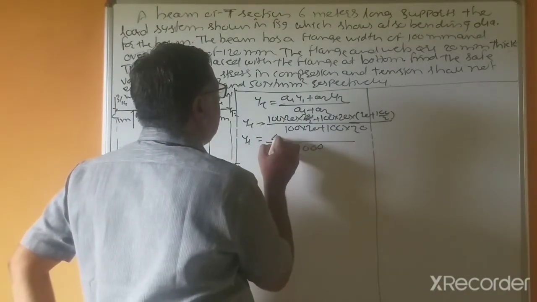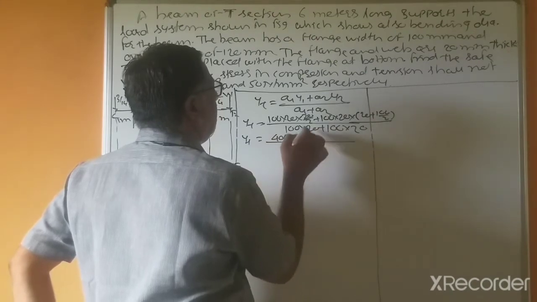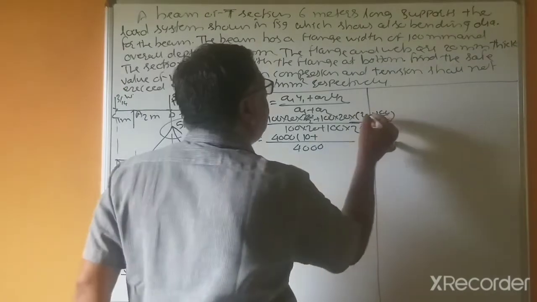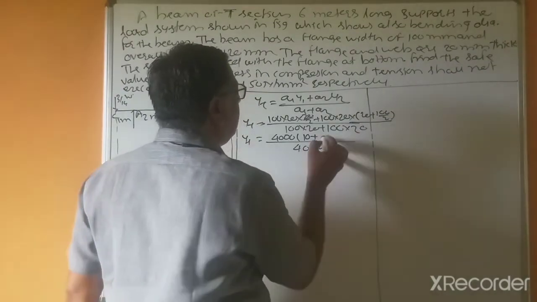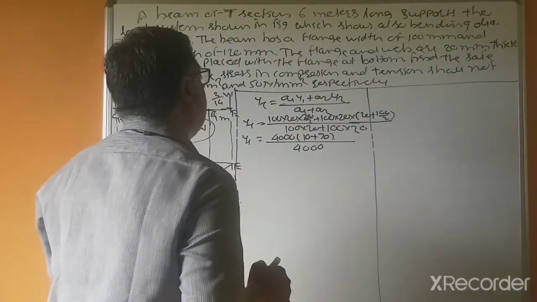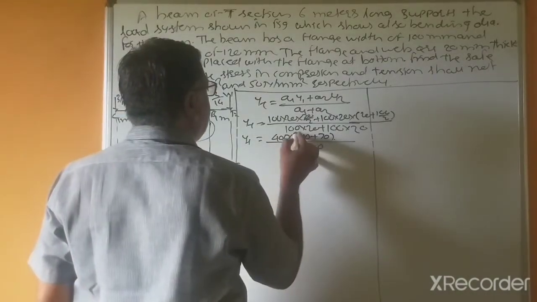4000, by taking common in bracket, 10 plus this is 50 plus 20, 70.